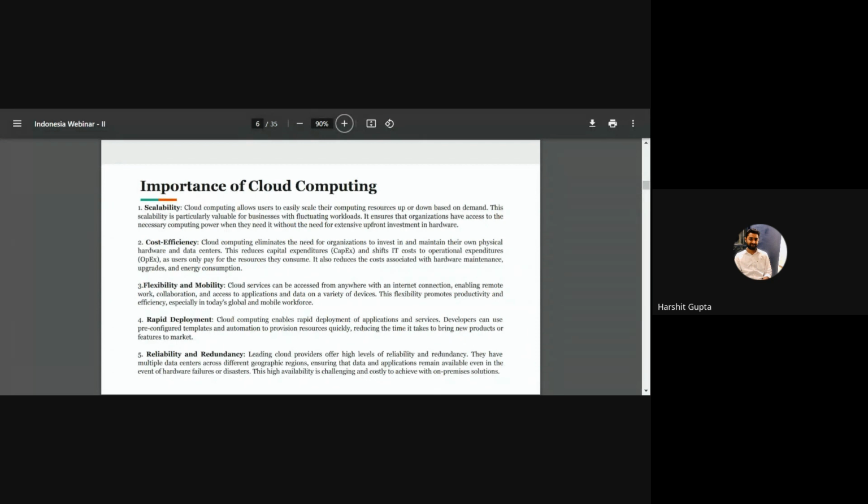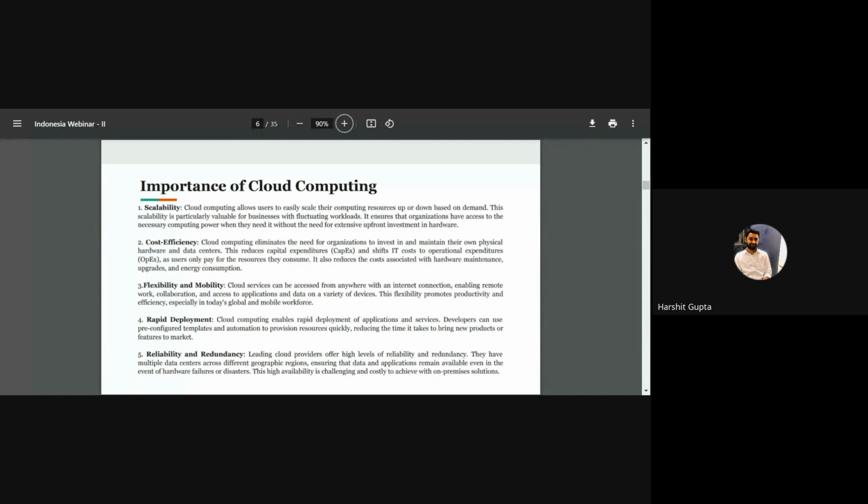Instead of investing so much in setting up hardware and resources, we are just converting that into using facilities provided by these cloud providers. So it is also cost effective.